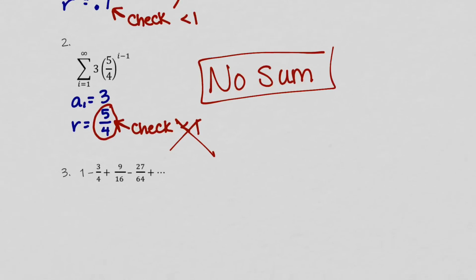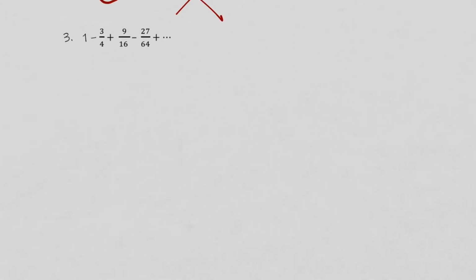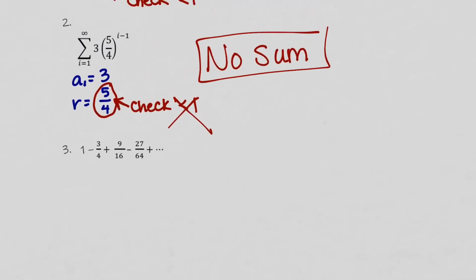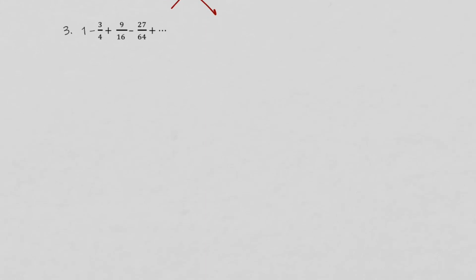So it's one of those rules you just have to pay attention to before you start trying to solve, okay? And now number 3, this one's not giving it to me in summation notation, but I still need a1 and I still need r. Well, a1 is 1. Looks to me like I'm multiplying by a negative 3/4.